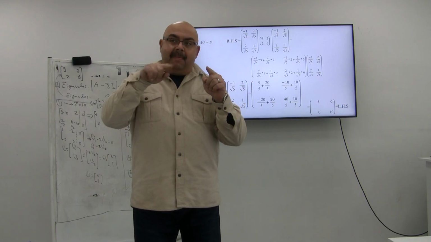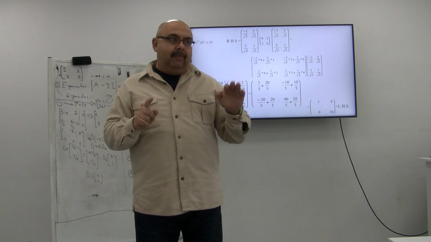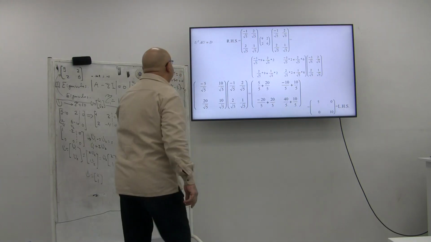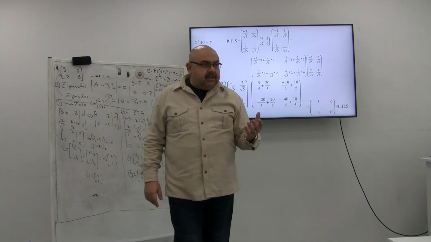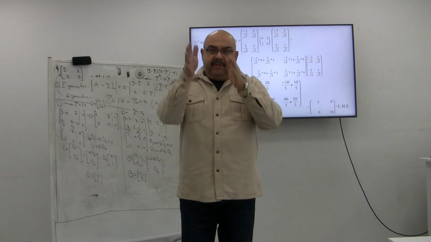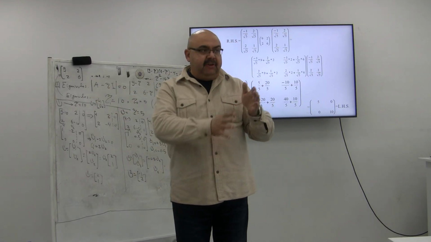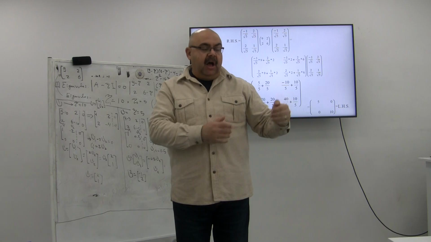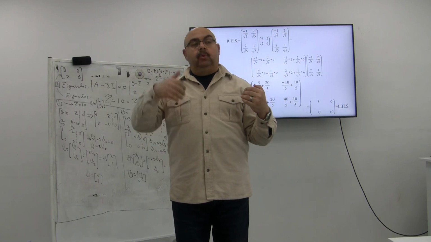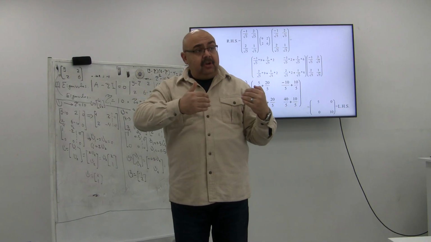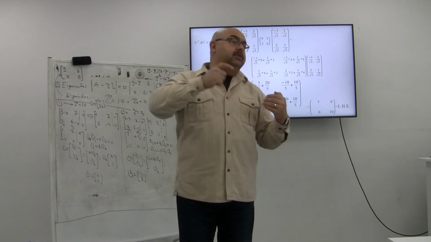I can get the matrix which is responsible for the diagonalization, which is the U matrix, this matrix. How to get this matrix? I will take the first vector at the first column, the second vector at the second column. I will normalize these vectors. How to normalize them? I will divide every vector by its magnitude.